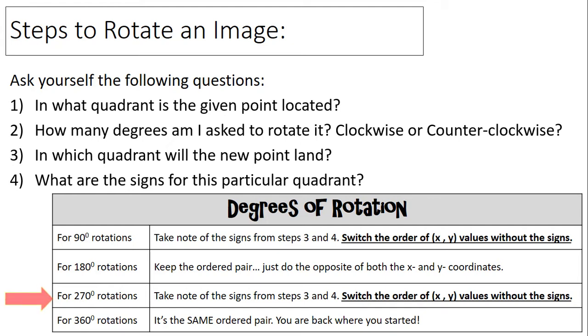For 270-degree rotations, take note of the signs from steps 3 and 4, and switch the order of the x and y values without the signs. For 360-degree rotations, it's the same ordered pair. You are back where you started.